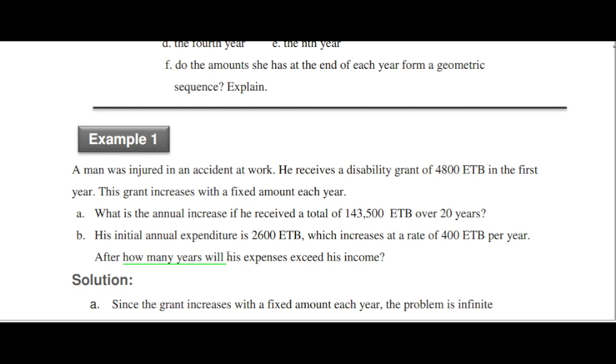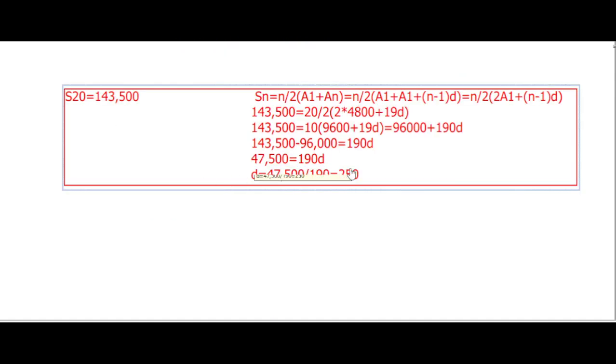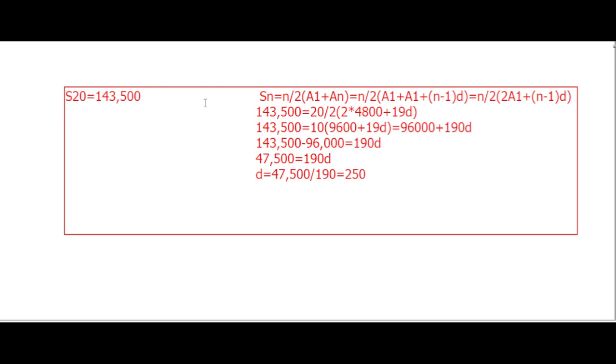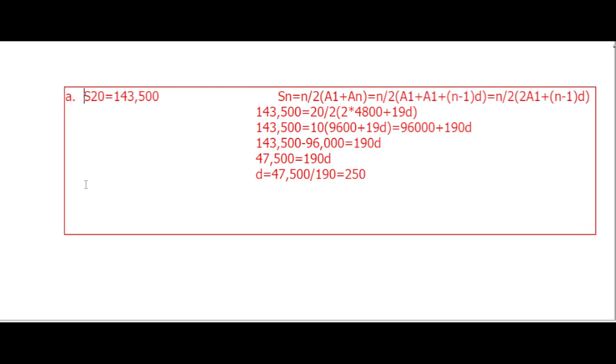His initial annual expenditure, let's say this is a1. This was question number 8. Let's go to question number b.